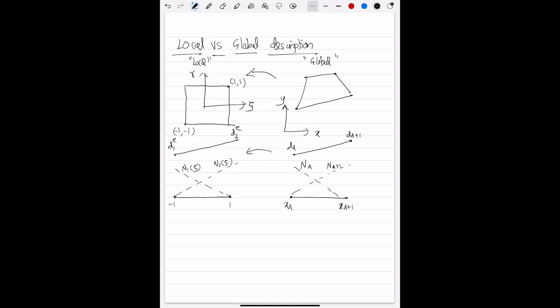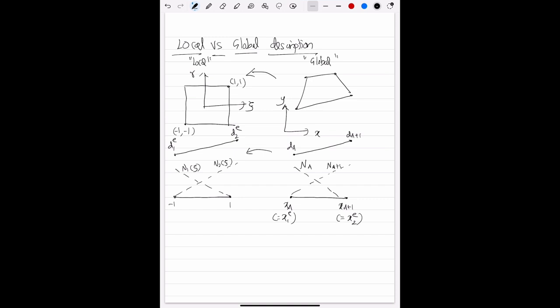Now I would note that d1e is nothing but the same as dA, and d2e is exactly the same as dA plus 1. It's just that this notation tells us that we are looking at a local description. Another point, xA, the first node within this element, can be described as x1e, whereas xA plus 1, the second node within this element, can be denoted as x2e from the element's perspective.